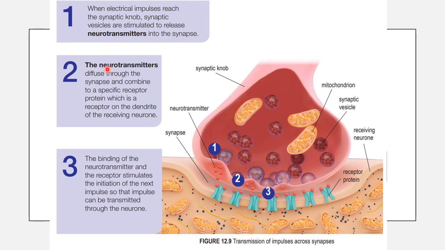And then these neurotransmitters diffuse through the synapse and combine to a specific receptor protein, which is a receptor on the dendrite of the receiving neuron. And the binding of the transmitter and the receptor stimulates the initiation of the next impulse, so that impulse can be transmitted through the neuron.